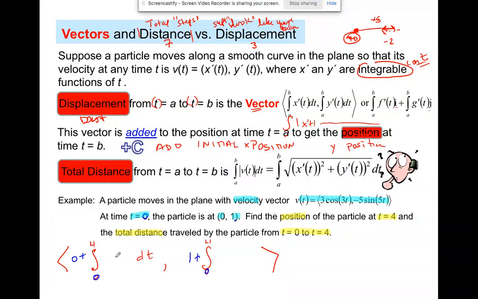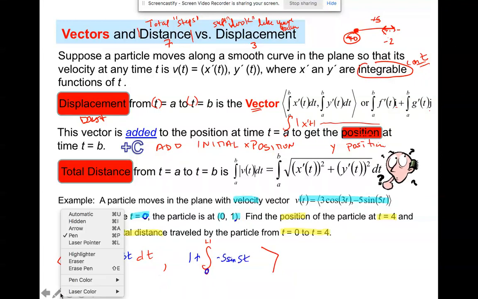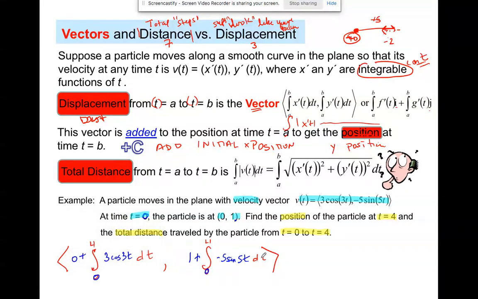So what is the velocity in the x direction? What is the velocity in the y direction? They'll be upset, but they won't take off points if you don't have the dt. Now, these are not hard to do by hand, integrating 3 cosine 3t and negative 5, but if you have your calculator, please use it.